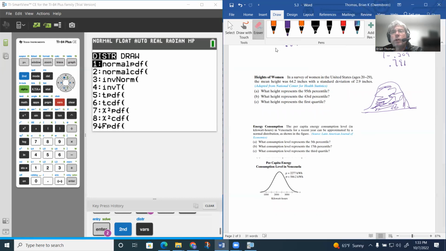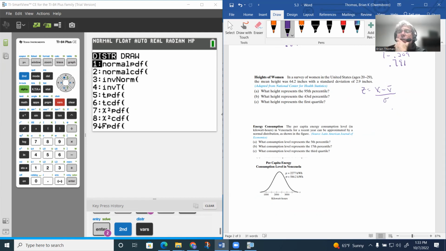So if I get my eraser going here. What we pick up on is, in this question, they're actually looking for our x value. So our z-score would have been equal to x minus x bar over the standard deviation.